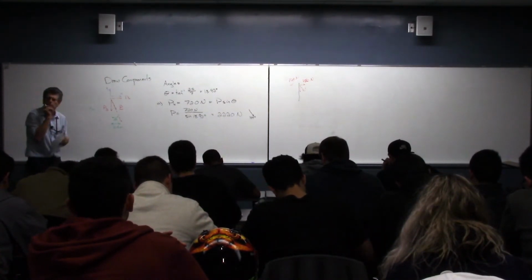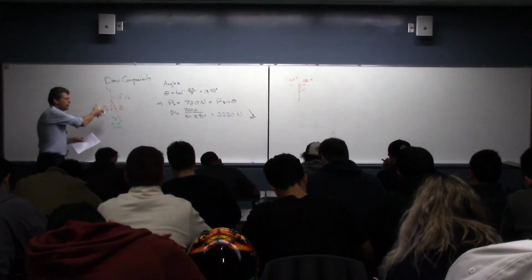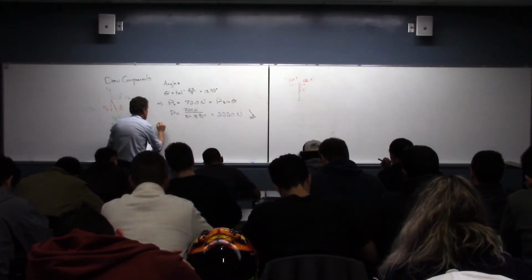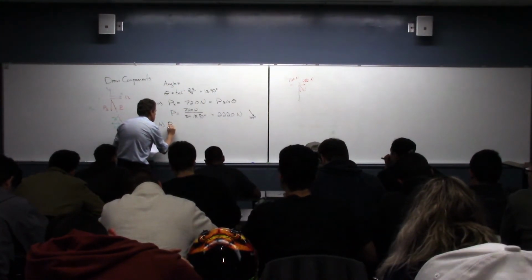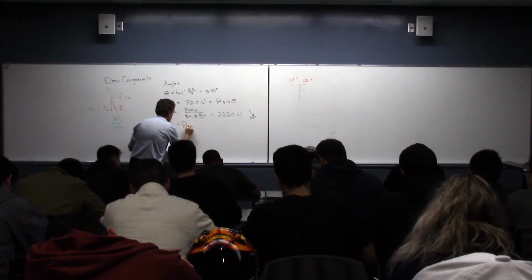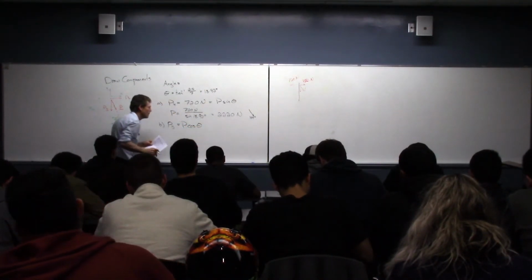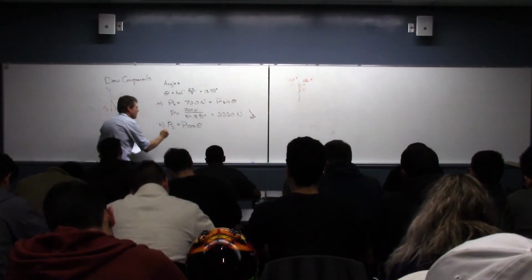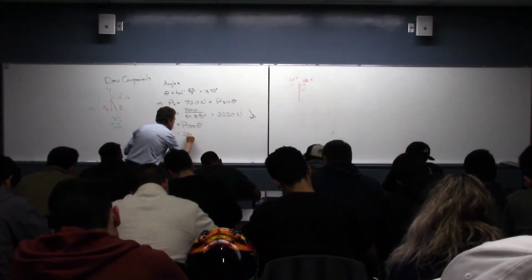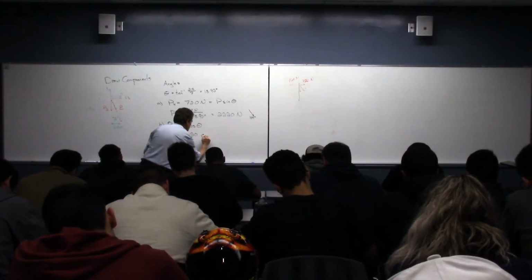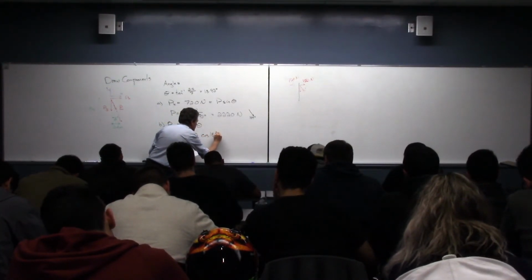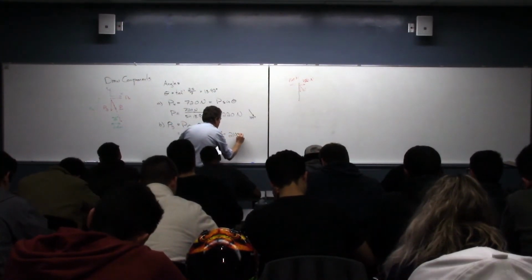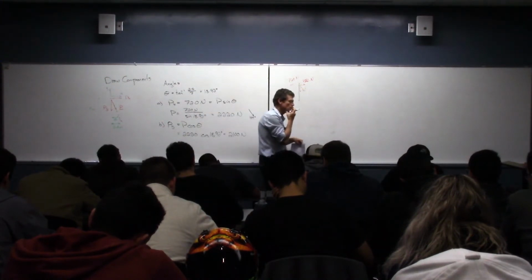When you're designing these, you want to know what the Py is, because you've got to make sure your column or pole doesn't collapse. That's simply taking the cosine of that angle.